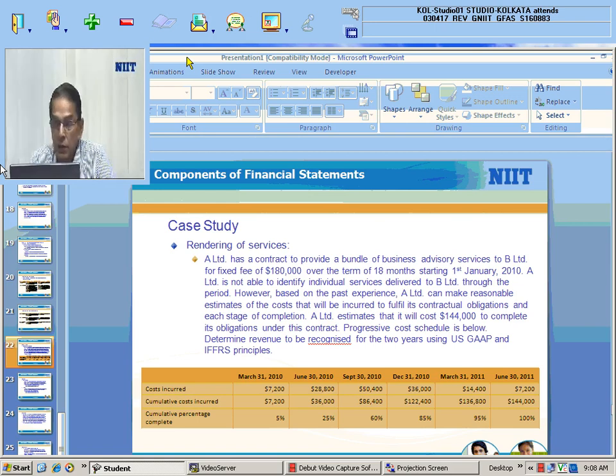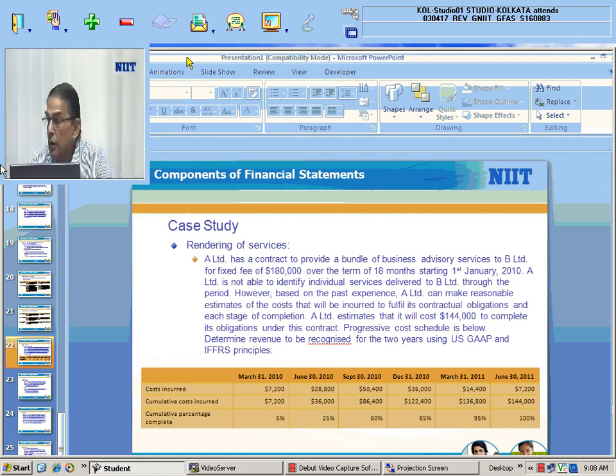On December 31st, 2010, the cost incurred during the quarter October to December 2010 is 36,000. Cumulative cost incurred up to December 31st, 2010 is 1,22,400, which is 85% of the total cost to be incurred, 1,44,000. So 85% is the cumulative percentage completion in terms of cost till December 31st, 2010.